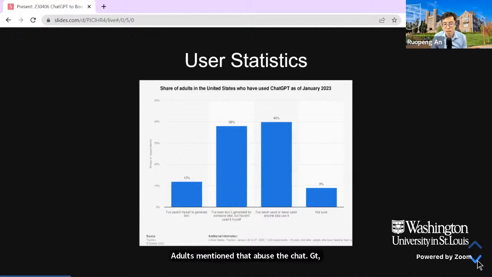Another 38% said they've seen text generated for someone else, but haven't used it themselves. And another 40% said they've never used it or never seen anyone use it. But again, this is old data, and by now, probably a lot more people are being attracted and use ChatGPT, as I'm doing on a daily basis.